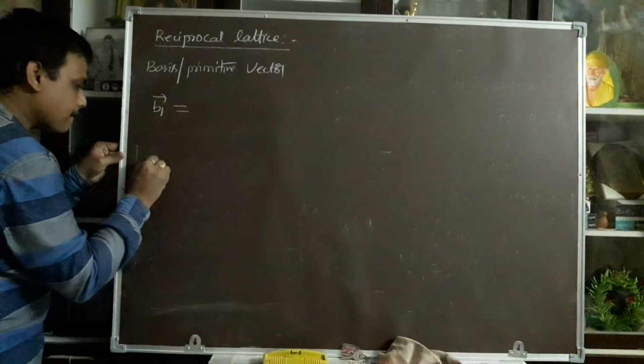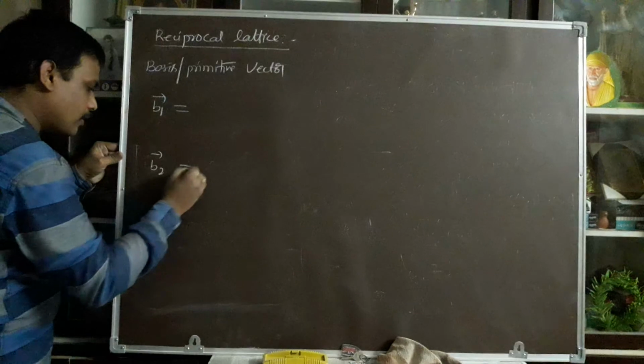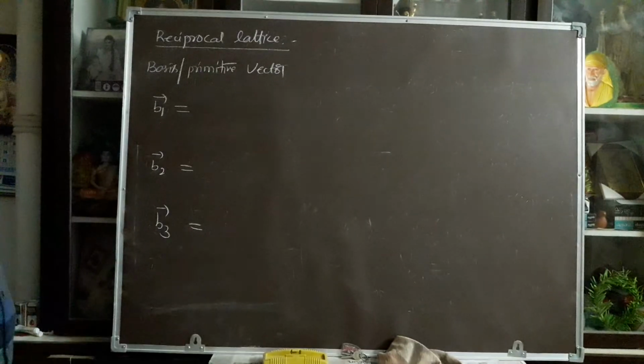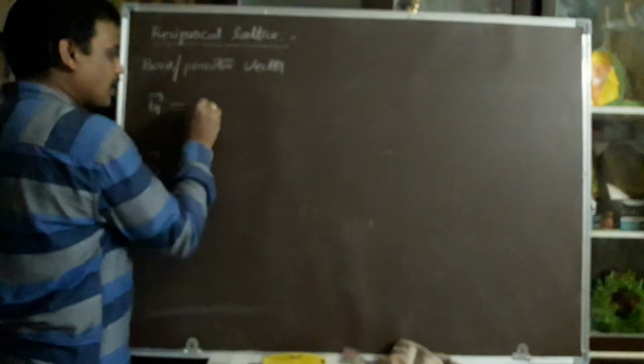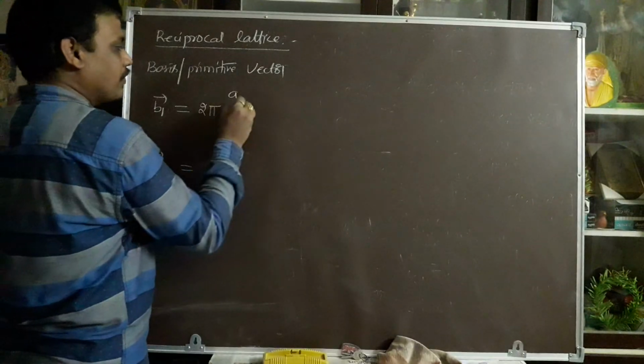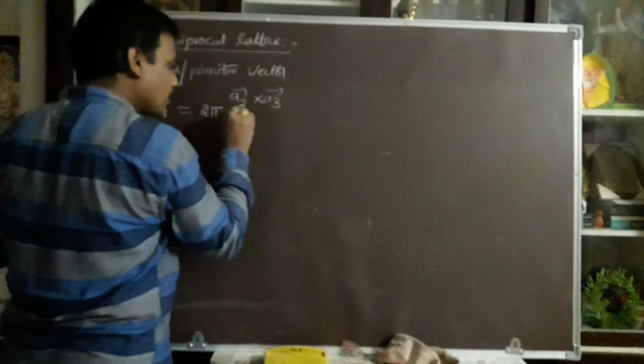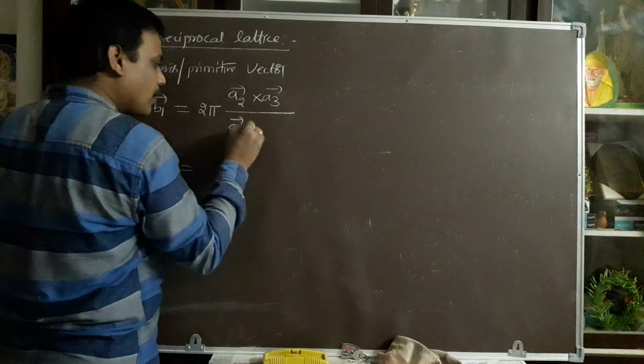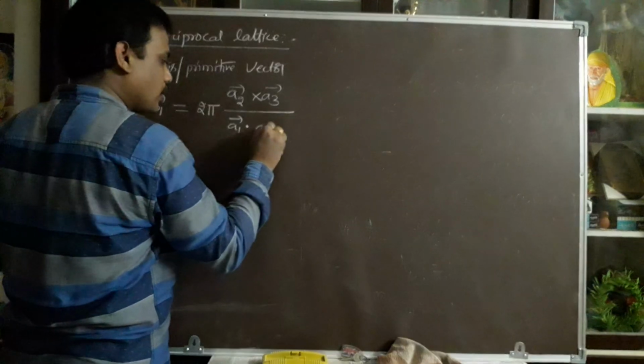B1 bar, B2 bar and B3 bar along the x, y and z axes. What is B1? B1 can be written as 2 pi into A2 bar cross A3 bar divided by A1 bar dot A2 bar cross A3 bar.